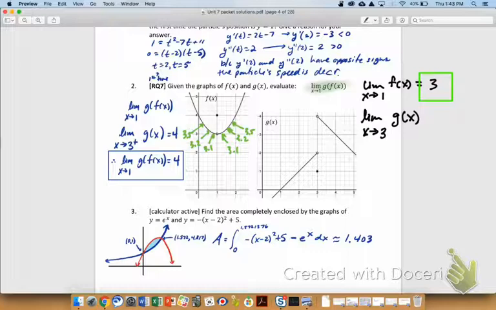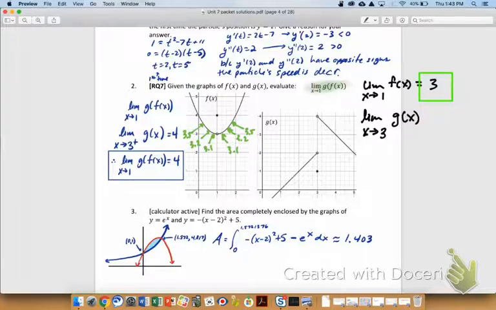So no matter which way I approach 1, I'm approaching 3 from numbers that are bigger than 3. Right? That makes sense? So if I'm approaching a y value of 3 from numbers that are bigger than 3, that means I'm approaching from the right of 3 when I apply that limit to the outside function.